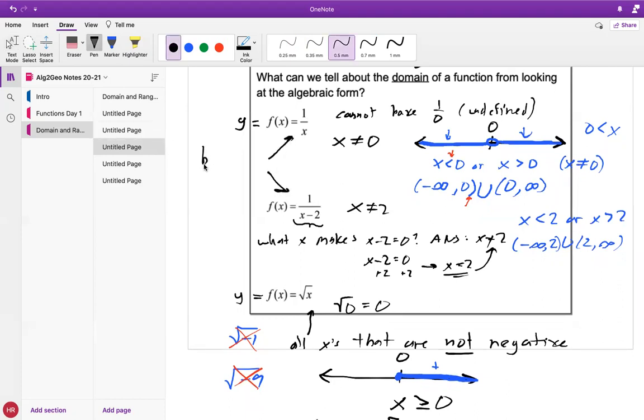You got to say, the bottom can't be 0. The denominator of this fraction can't be 0. And for these ones, the things under the square root, that has a name, which I'm not going to say right now. Things under the radical, that's the name of the square root symbol, have to be non-negative.